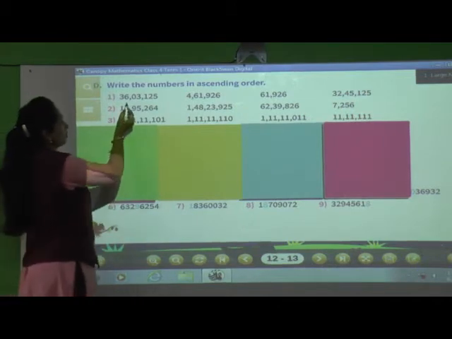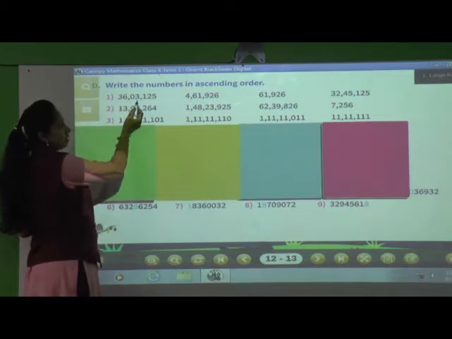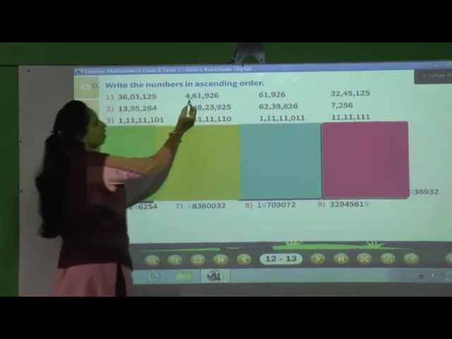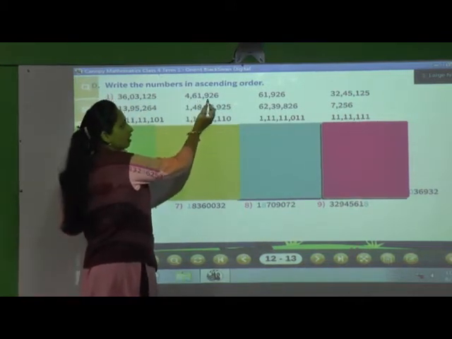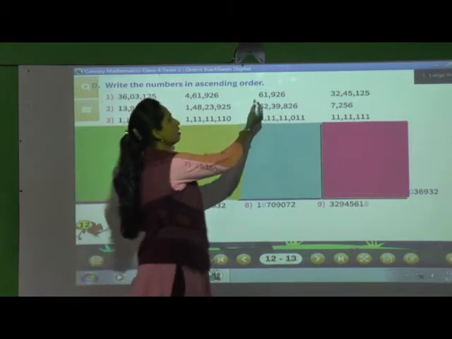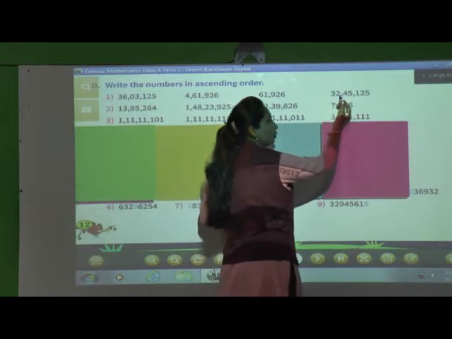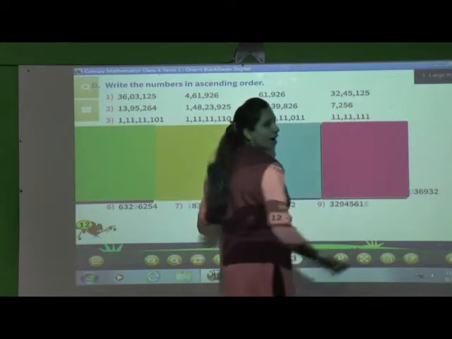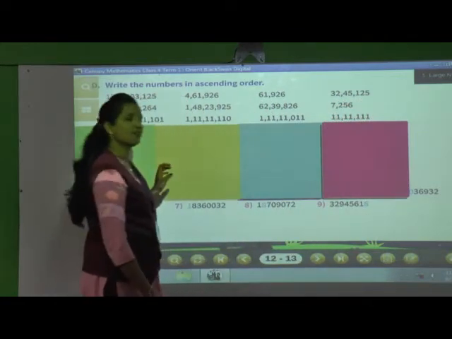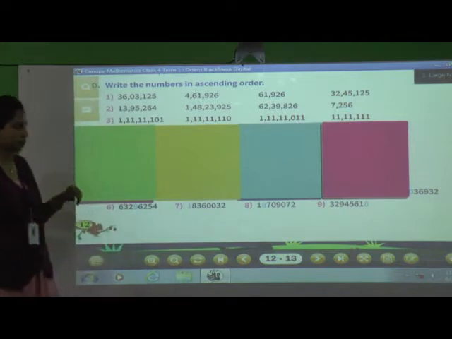See now, they have given 36 lakhs 3,125, 4 lakhs 61,926, and 32 lakhs 45,125. This is our first question.